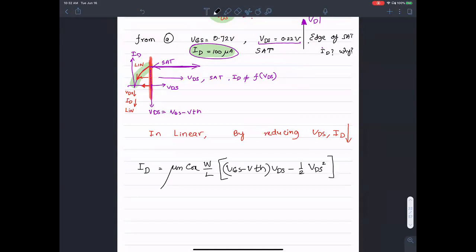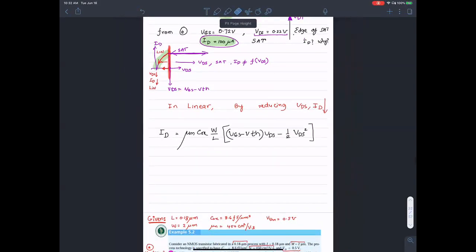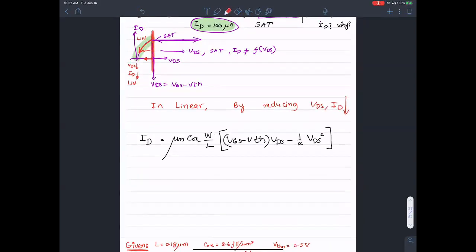As it turns out, all of this, this parabolic dependence, all of that decreases as we decrease VDS. So as a result, ID is going to decrease. Now we have just about everything we need. Does that make sense at all?